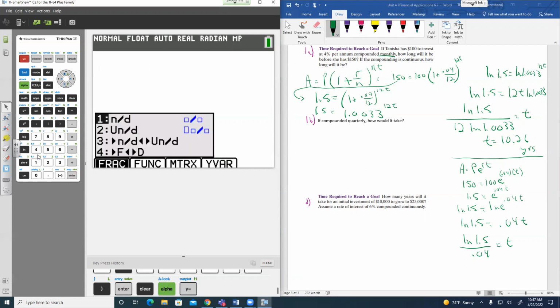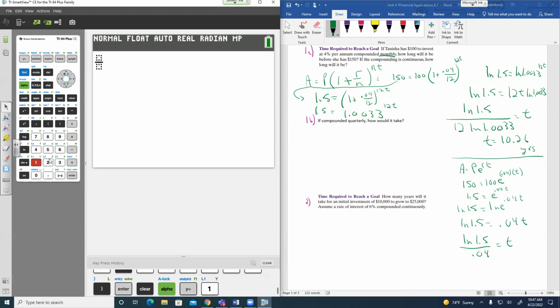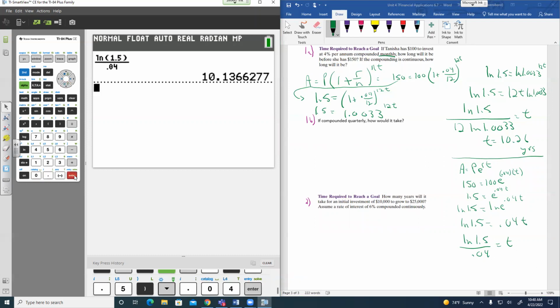Don't have to, it's not that complicated, but the natural log of 1.5, and then we're going to divide that by the 0.04. Hit enter, and notice that because we're compounding continuously, the time was actually a little bit shorter. So now I'm getting like 10.14 years approximation.